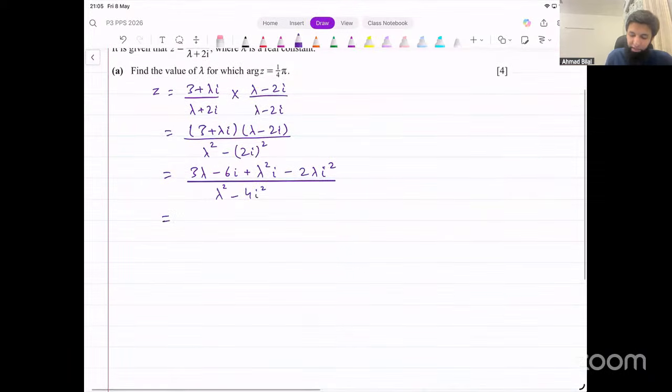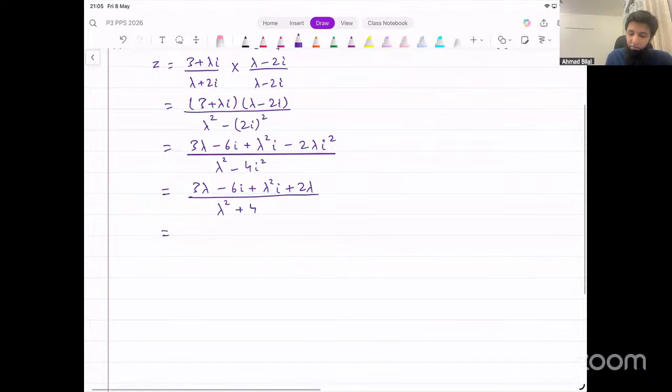Let's simplify this. In the numerator, we have 3λ − 6i + λ²i − 2λi². That is going to become plus 2λ. In the denominator, we have λ² + 4. Now, write the real part separate, imaginary part separate. 3λ plus 2λ, that will become 5. So we can say 5/(λ² + 4).